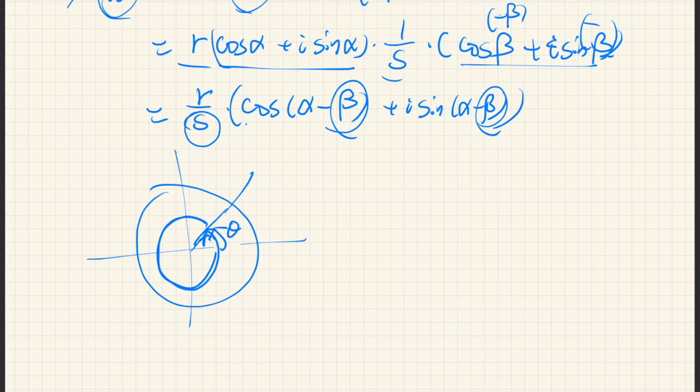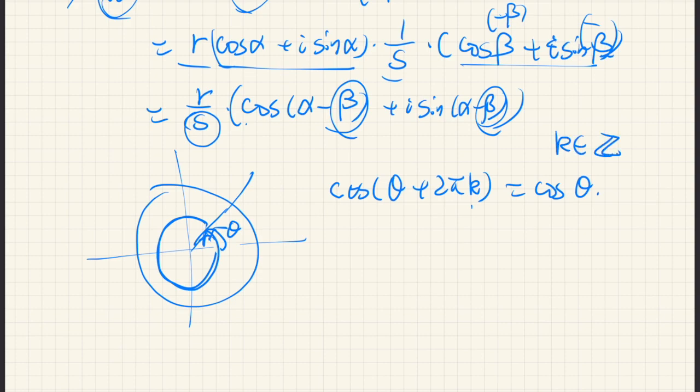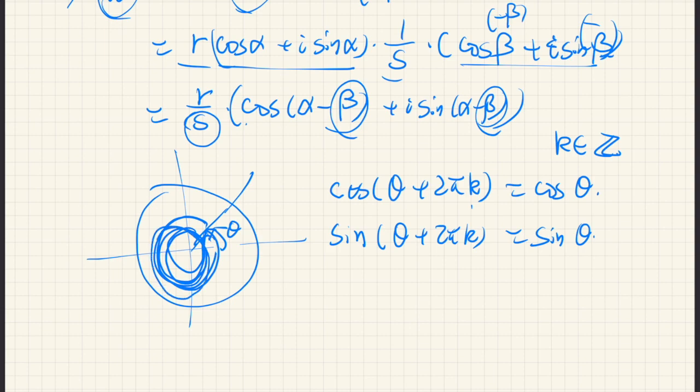More specifically, cosine of theta plus 2 pi k, where k is any integer, is equal to cosine theta. k is an integer, whether positive or negative. And similarly, sine of theta plus 2 pi k is equal to sine theta, because rotating by a multiple of 2 pi doesn't change the values of these functions.